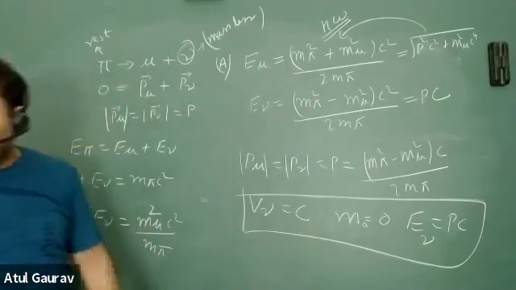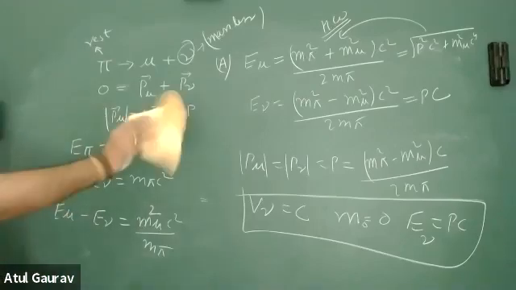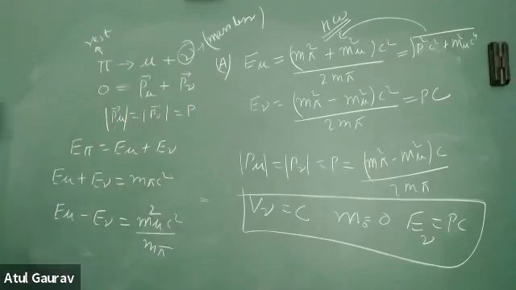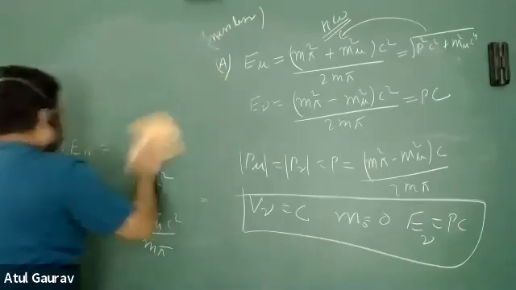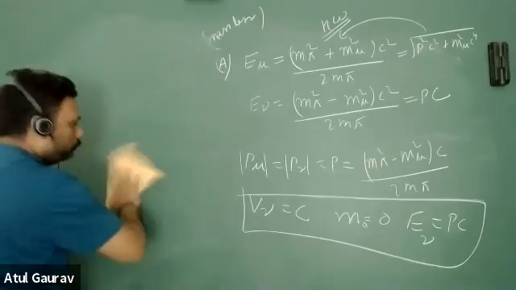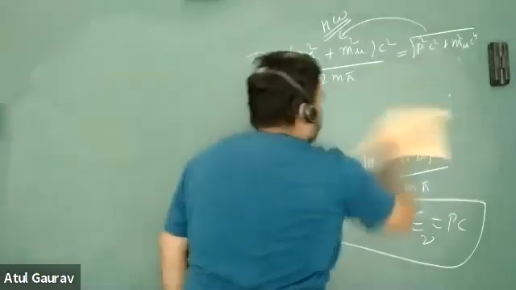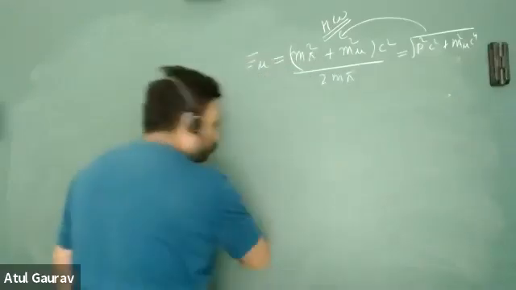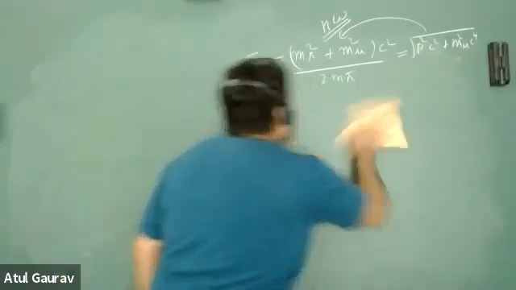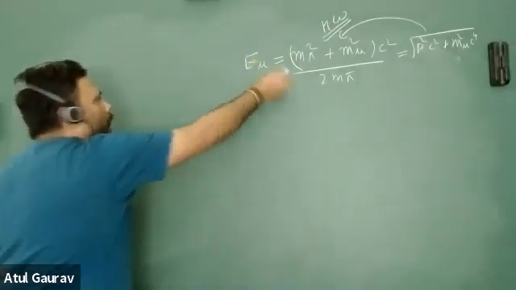So let's calculate what will be the speed of this particular muon. I think up to this level, everything is okay. So I have to use this thing, and let's try to calculate the speed of the muon.